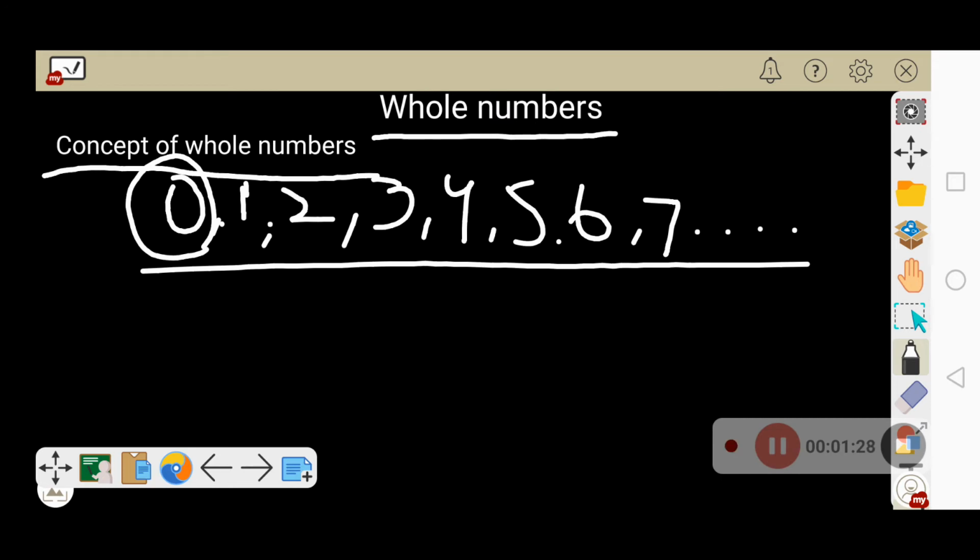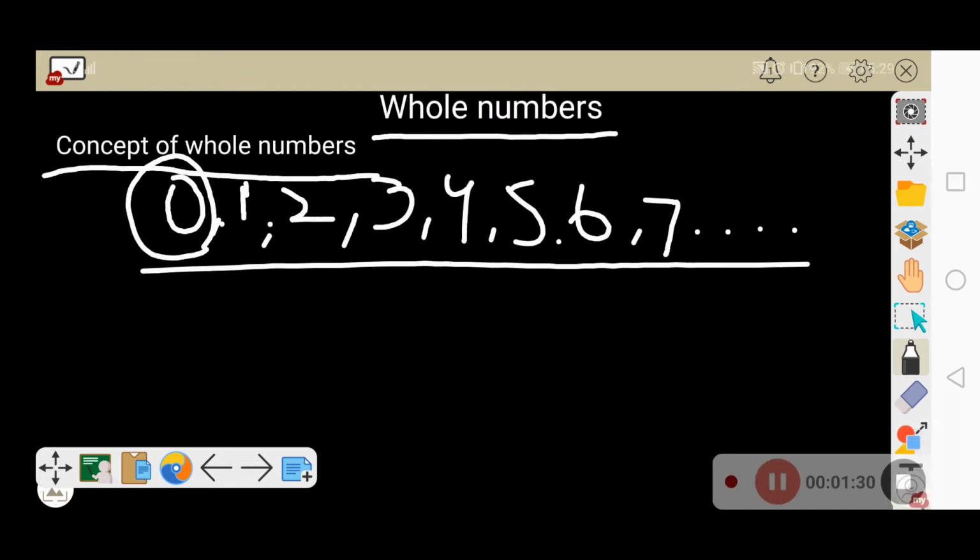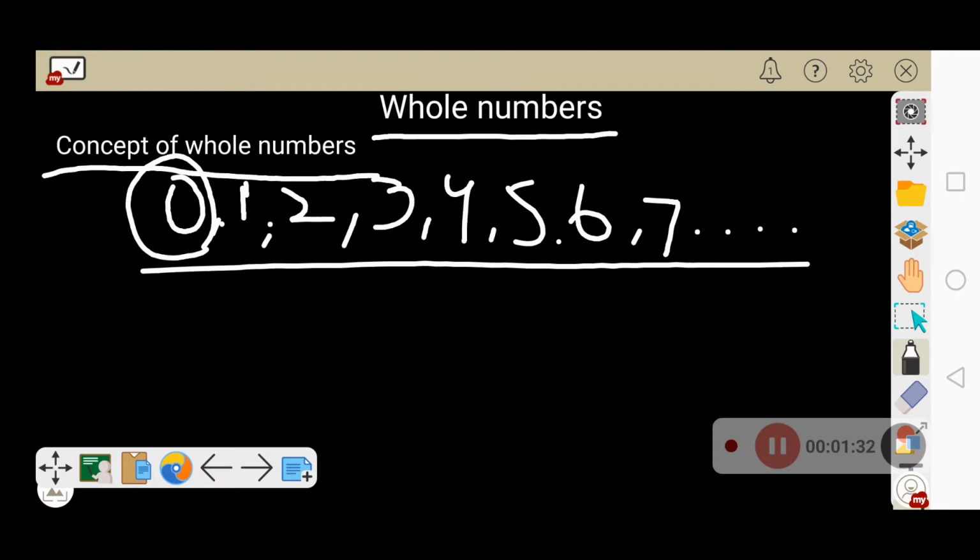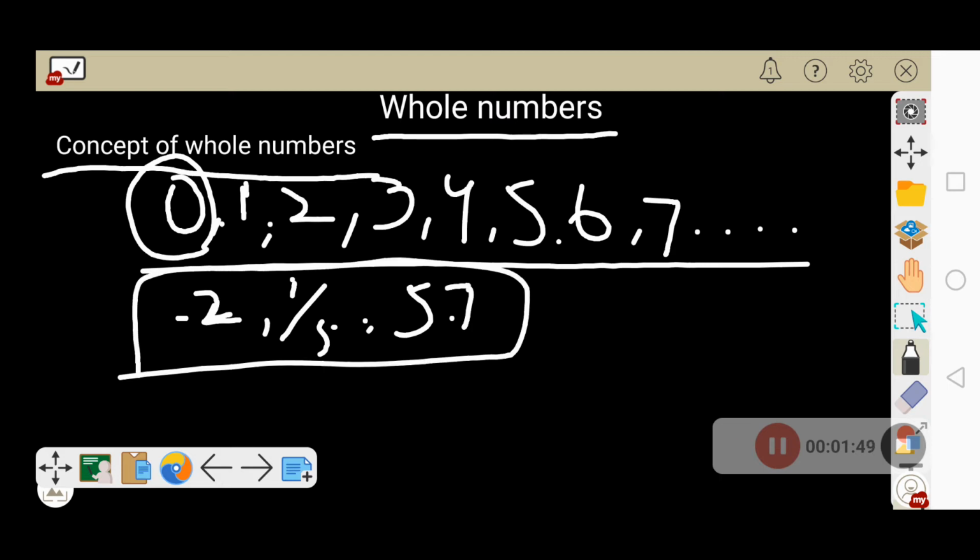And the other fact is that we call them whole numbers because in simple numbers we count negative numbers also, fractional numbers, and decimal numbers also. But in whole numbers we don't count such numbers as a whole number.